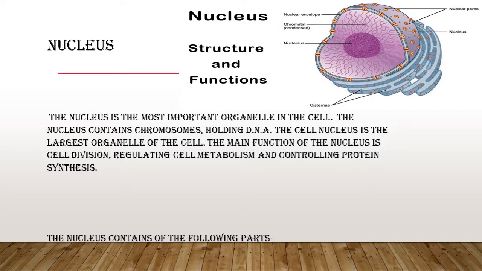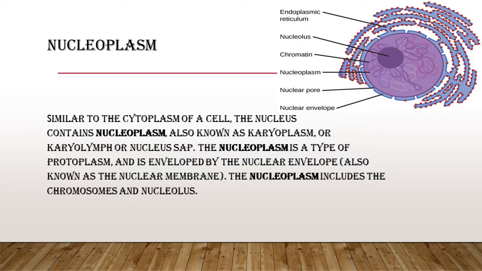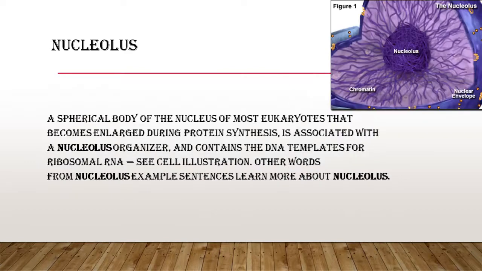The nucleus is present at the center of the cell, and inside the nucleus we also have different parts. Now we are going to discuss the parts of the nucleus. We have nucleoplasm, the jelly-like substance present inside the nuclear membrane. As the nucleus is at the center of the cell, similarly the nucleolus is at the center of the nucleus. It is a small spherical body present inside the nucleus.